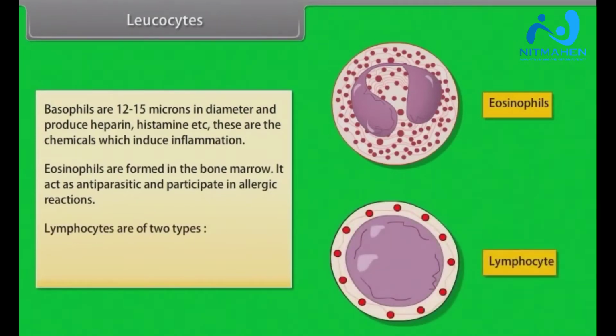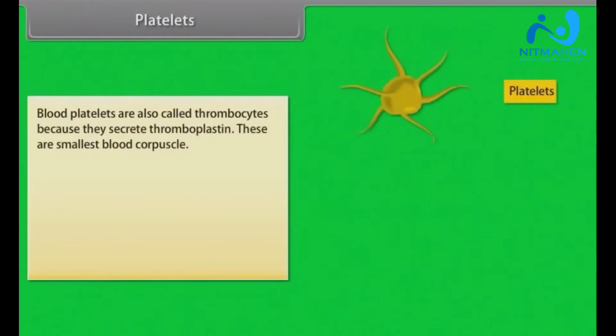Lymphocytes are of two types, B and T lymphocytes. They fight diseases. Platelets. Blood platelets are also called thrombocytes because they secrete thromboplastin. These are the smallest blood corpuscles.